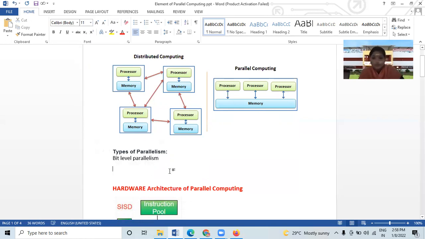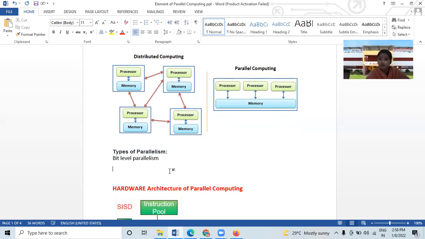So bit level parallelism is a form of parallel computing which is based on increasing the processor size.